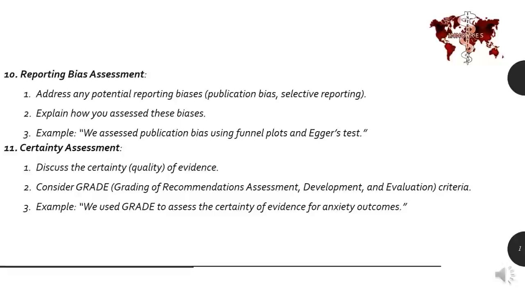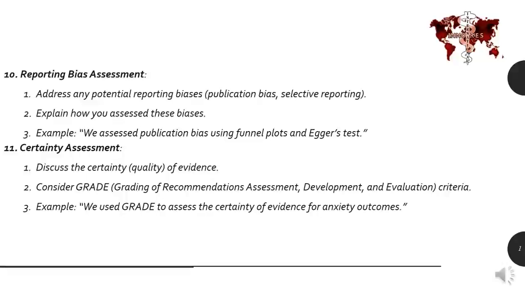That means you intentionally do not report something that should be reported in your results, or do not publish something that should be published. So you want to explain how you assessed these biases. It could be through using tools, a graphical method, a statistical method, or any other method, clearly stated.